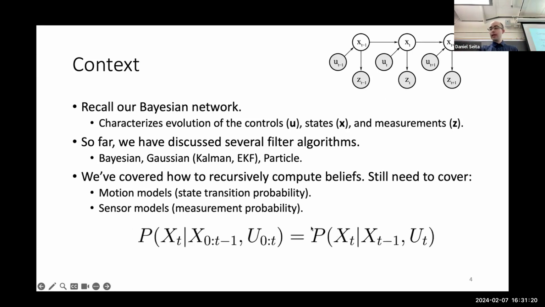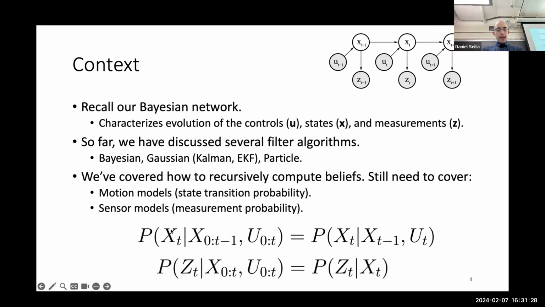So that would be the probability of xt given xt minus 1 and ut. And then the sensor model would be the probability of zt conditioned on xt. The reason for this is that we're assuming the Bayesian structure, where the given state is all we need to know. We don't need to know the prior state in order to make an inference on a current state or a current sensor.